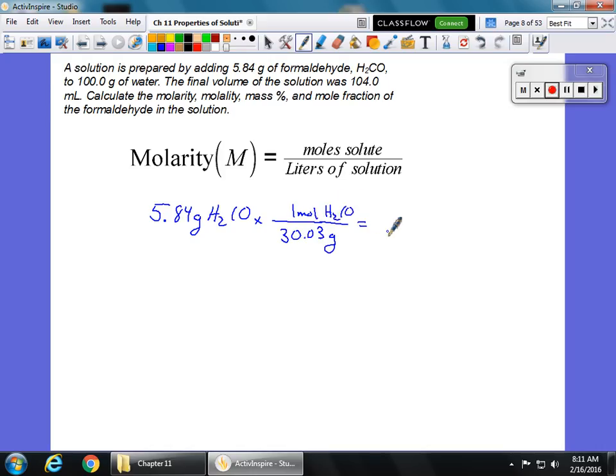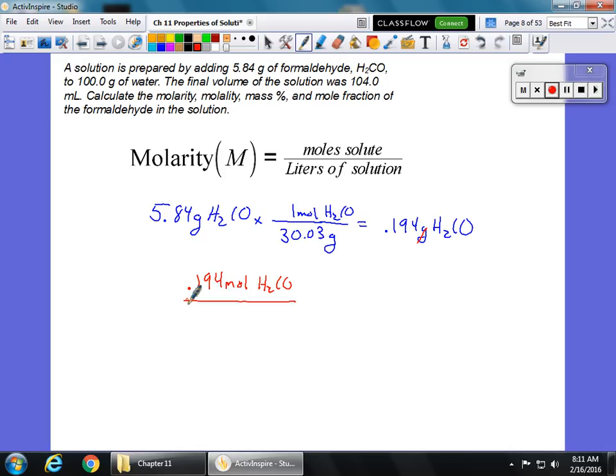And that gives you 0.194 moles of the H2CO, our solute. We're going to have to put that over the volume, in liters of solution.